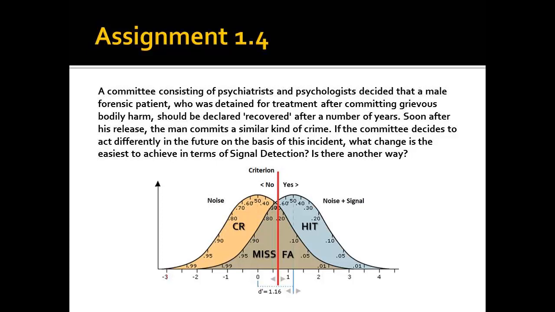Well, we want to have fewer false alarms, so we want to decrease the area of the false alarms on the side of the yes, on the right side of the criterion. So we need to move the criterion towards the right to decrease the number of false alarms we get.